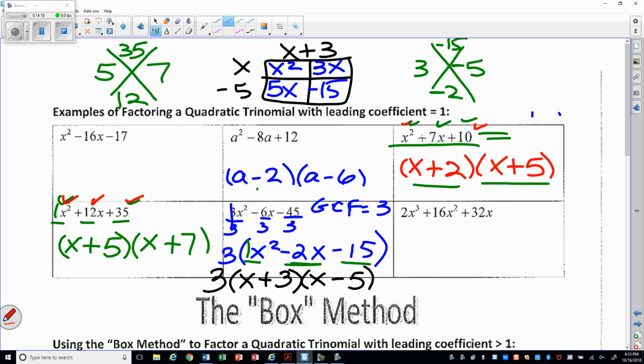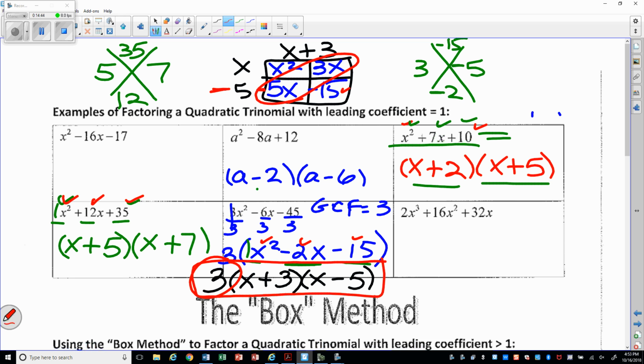So I've got the x squared. Oh, I forgot my sign. That's a negative 5, right? This was negative. So that's a negative 5 plus 3 is negative 2. And then that's a negative 15. Okay? So this will be my final answer. Do not forget that first GCF that you divided out.